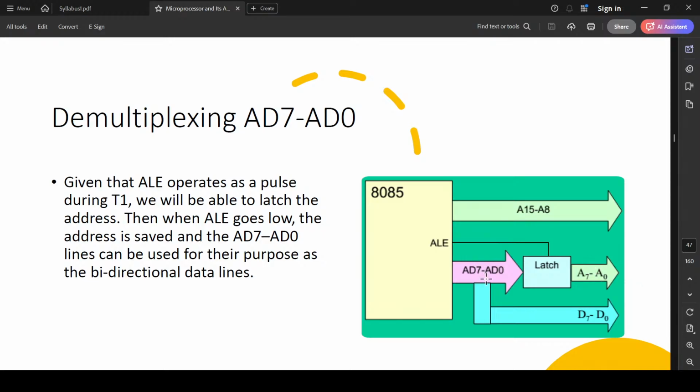And now it was used as an address bit. Now we'll change it. Address bits are already saved. So now the data will be lost from here, but it's saved here. So it will change into the data bus. And now we will not save data because we are getting the data bits here and we have address bits here. So it is demultiplexed. And these unidirectionals are there.